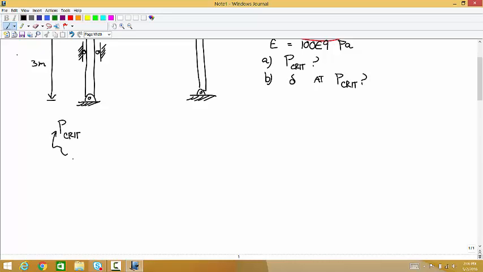for pinned, so pin joints on both sides, is EI n squared pi squared over L squared.